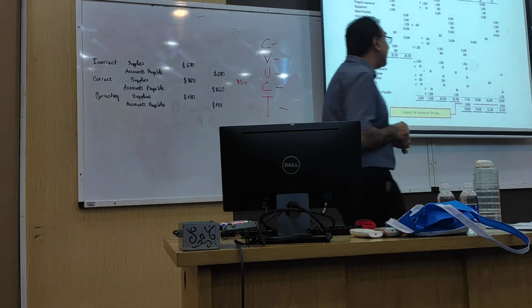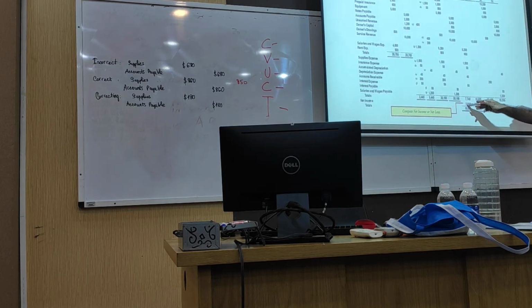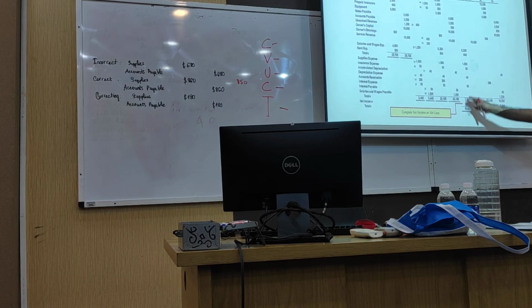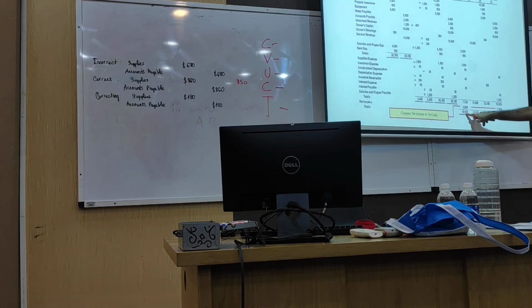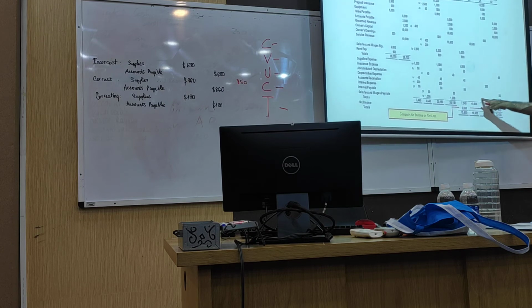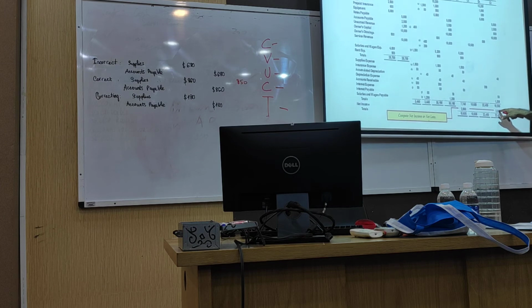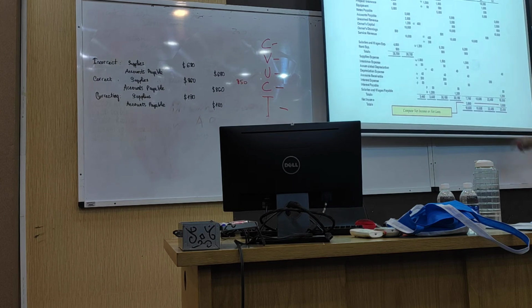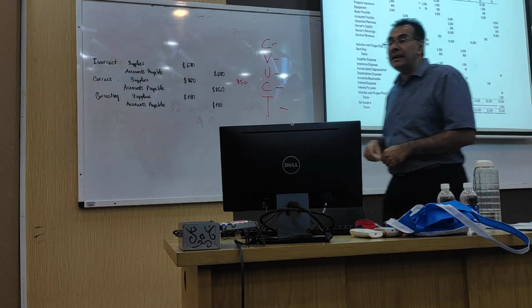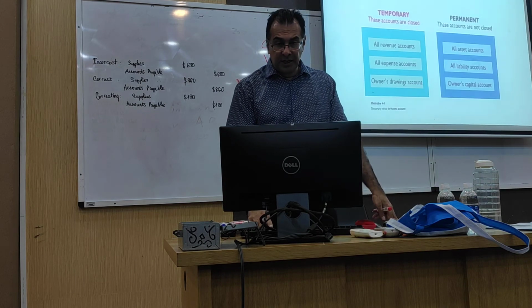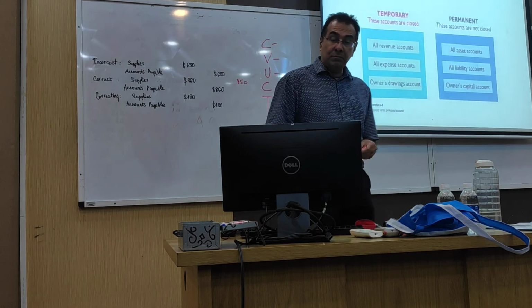If you have a net income, it will appear on the expense side in balance, and it will transfer to your balance sheet in your capital account. Please make sure you familiarize yourself with the worksheet, and then we need to move on.